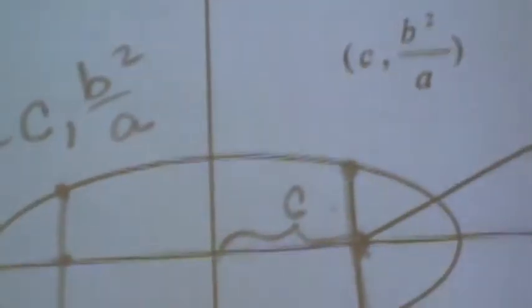So if this is c, this would be negative c. This point would be negative c, comma, b squared over a. And this one would be negative c, comma, negative b squared over a. That's what that point would be. So they may ask you to find these points right here.